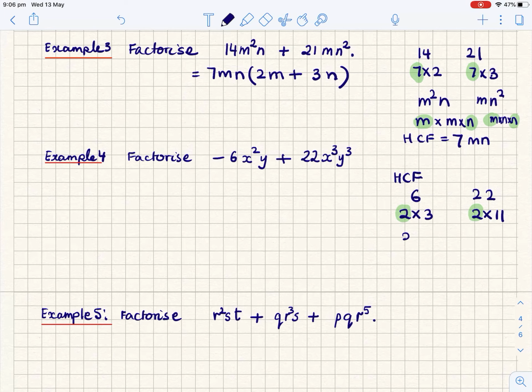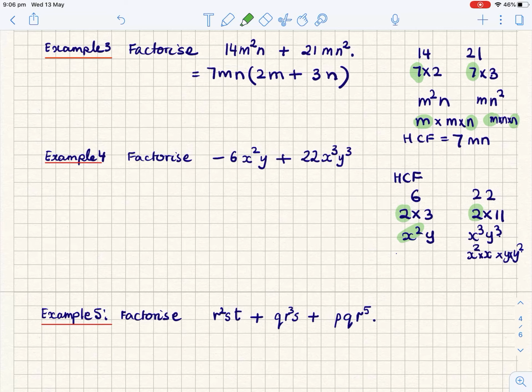Now if you look at x squared y and x cubed y cubed, we have x squared common because x cubed can be written as x squared times x, and y cubed would be written as y times y squared.